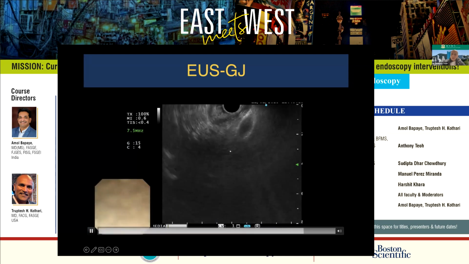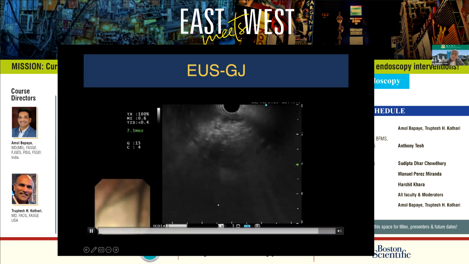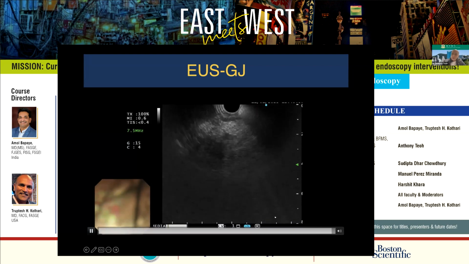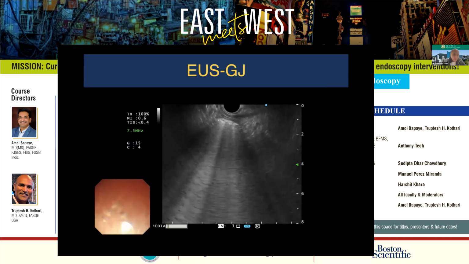So pulling out the entire system allows me to repuncture for this patient and not have a big hole inside the stomach. So in this case, I tried to distend the small bowel again and actually repeated the EUS-GJ and completed with another stent.